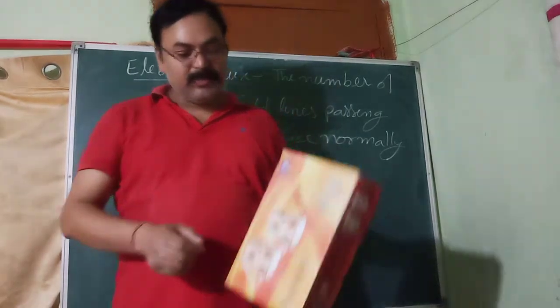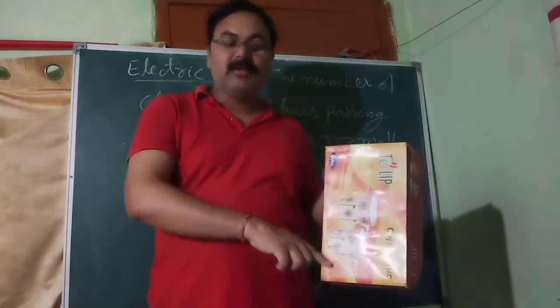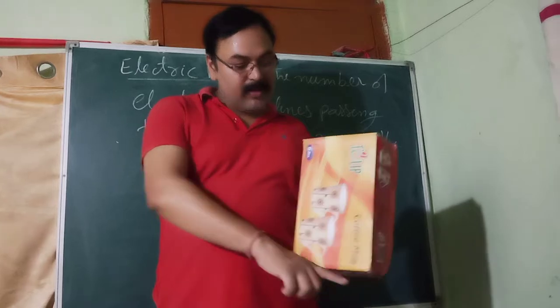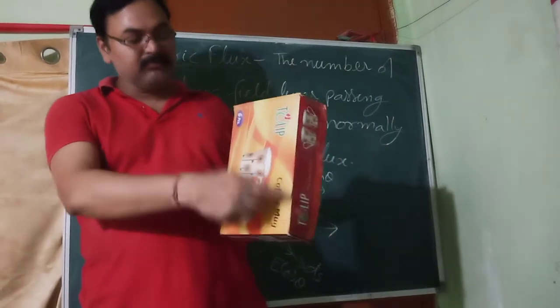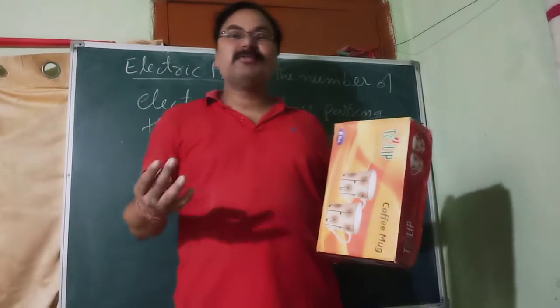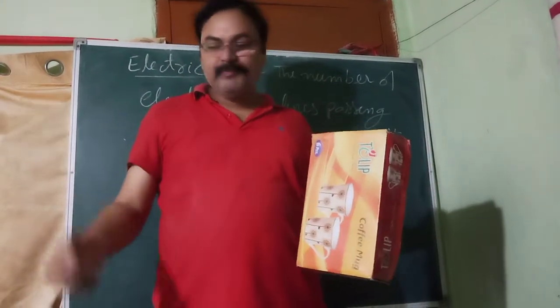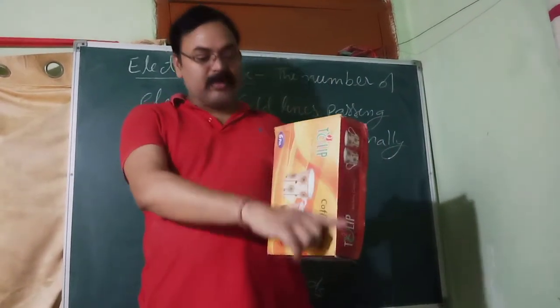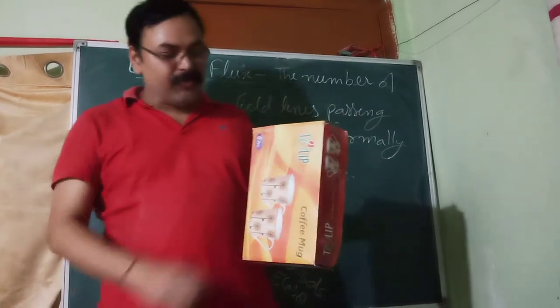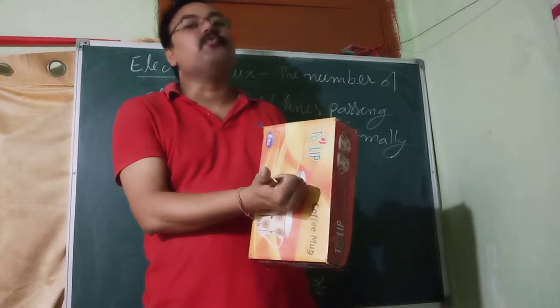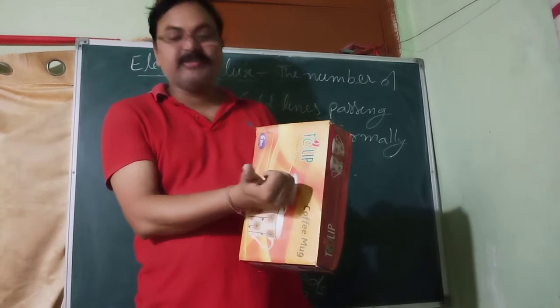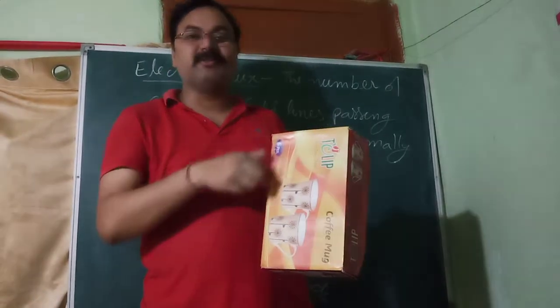Suppose this is a surface, and its area is something, say 300 centimeter square. What is the direction for this? If you want to find the direction of this area, it is always perpendicularly outward. So this is the direction for the area of this surface.